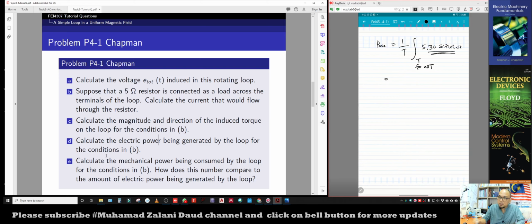So this is the instantaneous power, all right? So we integrate that instantaneous power for all the period t. Let's say for this particular t in one cycle, which is 0 to 2 pi, 1 over t.